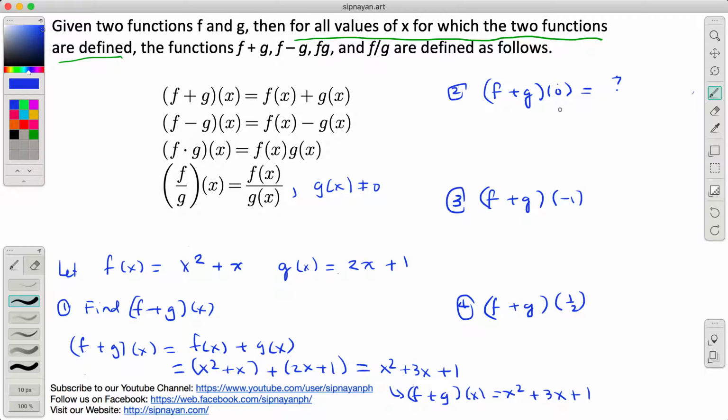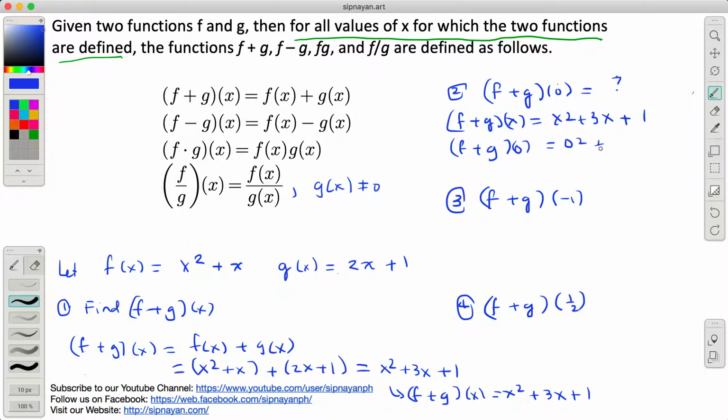What is f plus g of 0? Once we have f plus g of x, we can substitute into it. F plus g of x is equal to x squared plus 3x plus 1, meaning f plus g of 0: we just substitute 0 for the values of x.